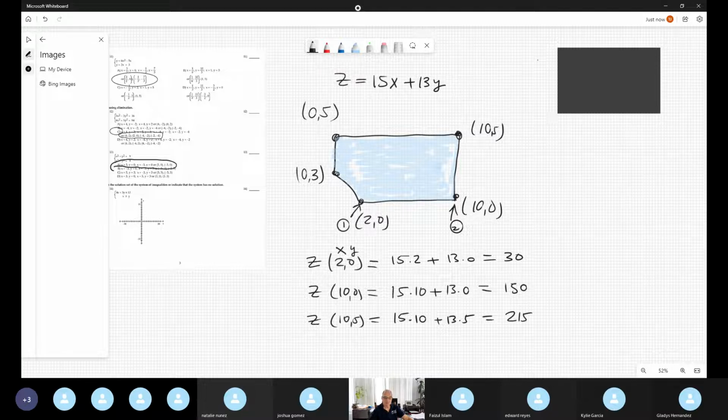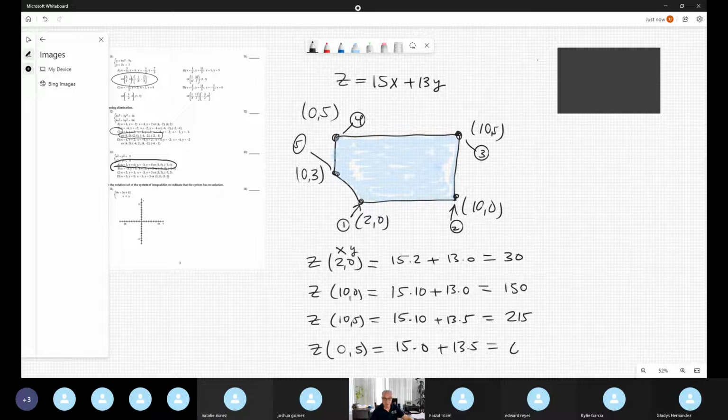Okay, now we evaluate at the other points. We need more points, number 4 and number 5 of the pentagon. Okay, 0,5: 15 times 0, because x is 0, plus 13 times 5.